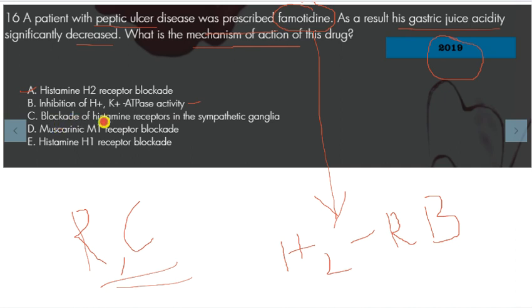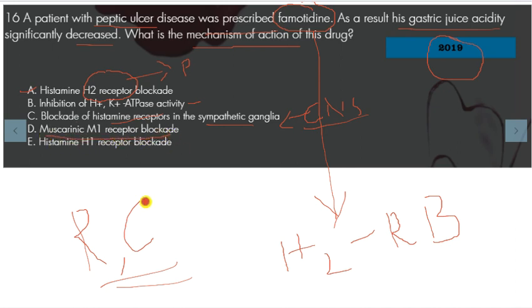Blockade of histamine receptors in sympathetic ganglia has nothing to do with the central nervous system. This is based on our stomach. Histamine receptor 2 is present in the parietal cells of the stomach. Histamine receptor 1 is located in the central nervous system, smooth muscle, blood vessels, etc.